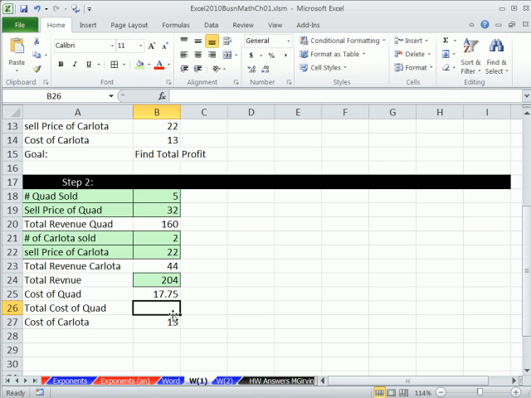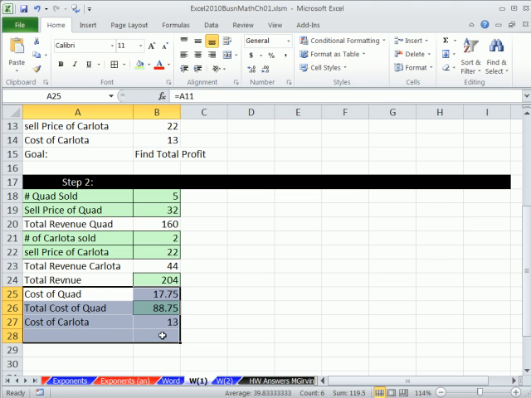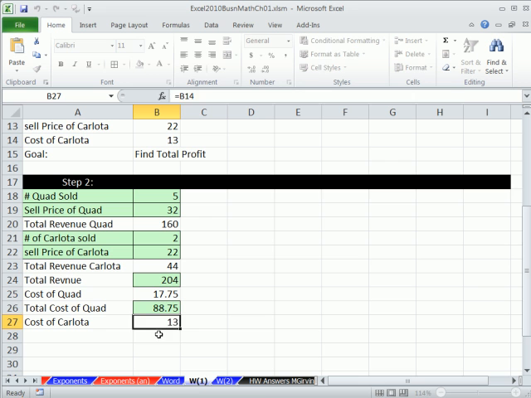All right, so each quad cost us $17. And how many did we sell? 5. OK, so that's a formula. And actually, all of this is going to be, that one's a formula, so is this one. And this one's going to be one, too. So I'm going to go like this. All right, that was total for the quad.